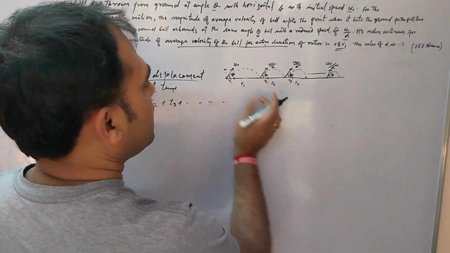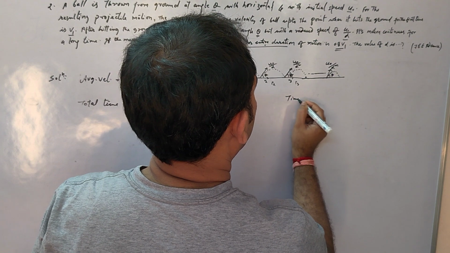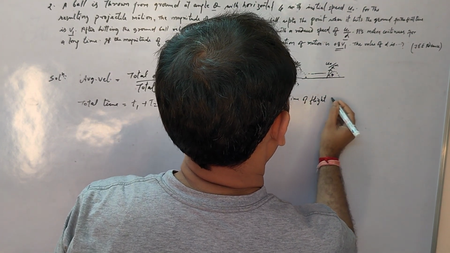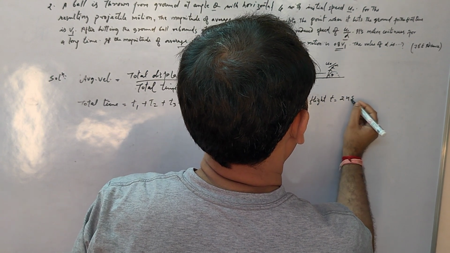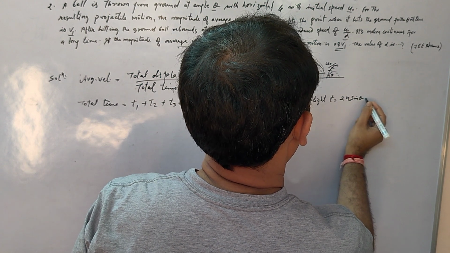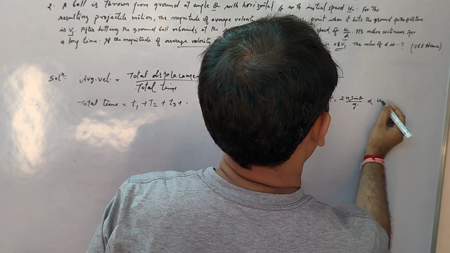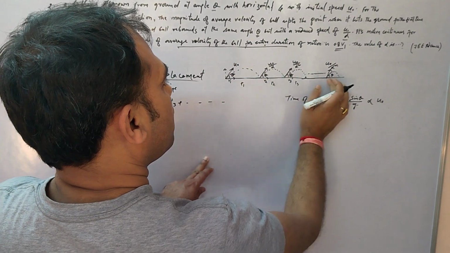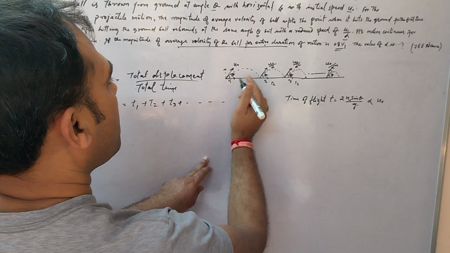Now what is the formula for time of flight? Time of flight is equal to 2u sin theta upon g, which is directly proportional to u naught, as theta here is constant during the whole motion.